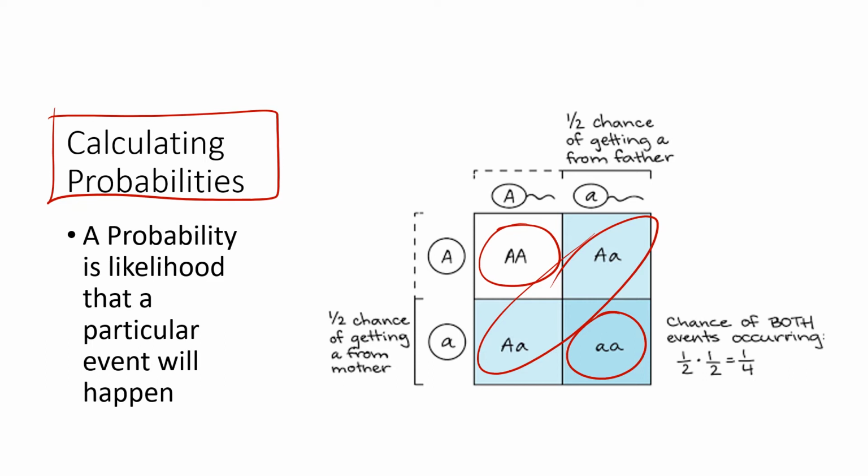So we could write this in two different ways. We could say that 1/4 or 25% are going to be homozygous dominant.